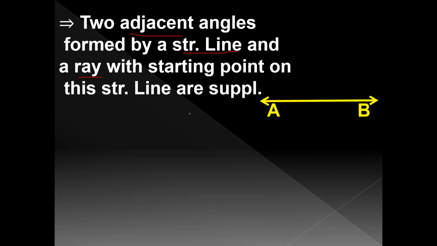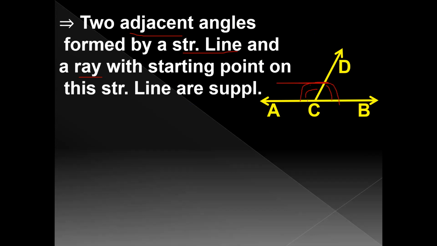So the straight line and the ray form two angles, the first angle and the second angle. So the two angles will be supplementary angles.